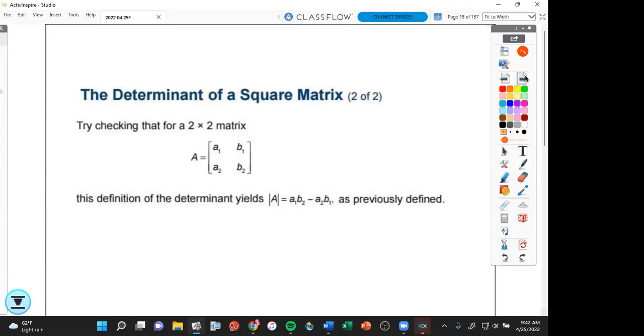B sub 2. That's why I have a sub 1 times b sub 2. If I covered up this row and column here, what's left? So a sub 2 times b sub 1. This is in the minus position. That's why it's a minus. Remember that for this matrix, it would look like this: plus, minus, minus, plus.